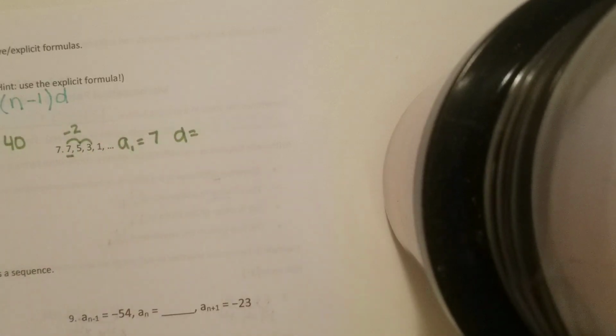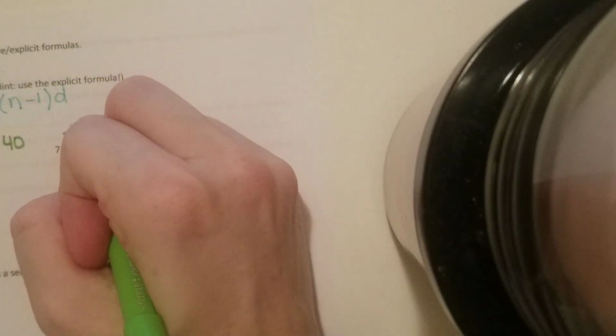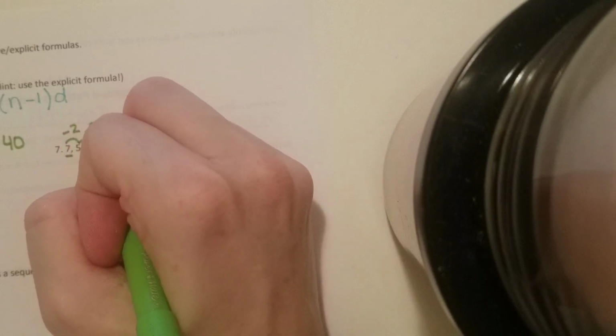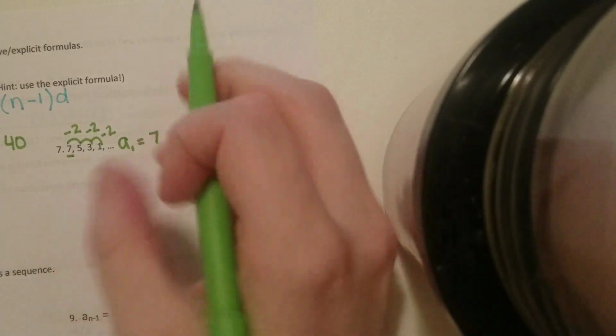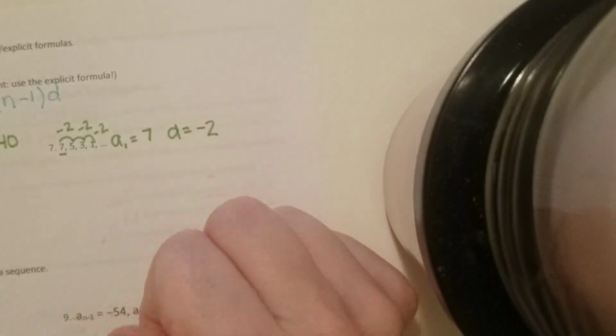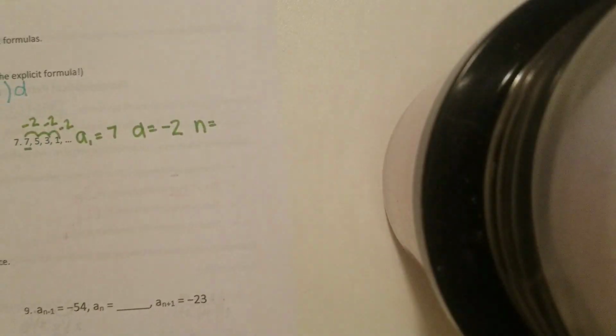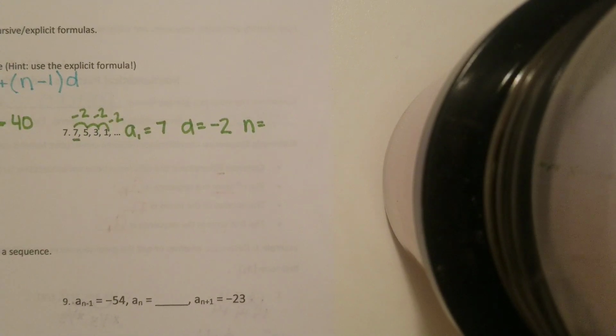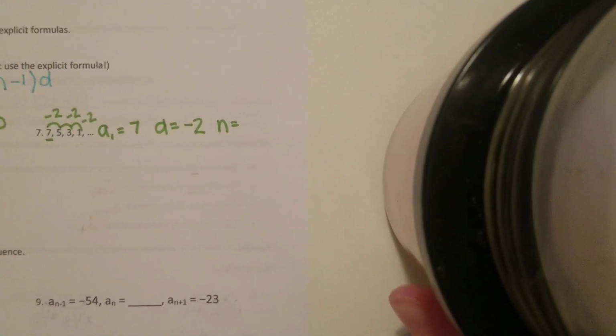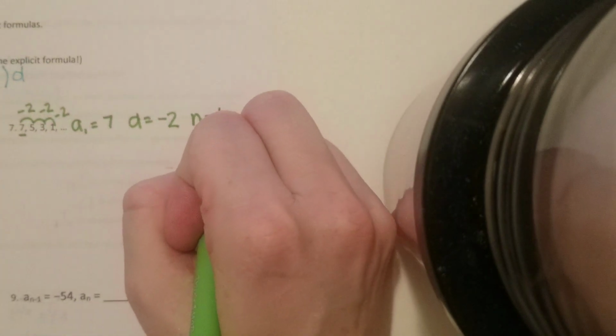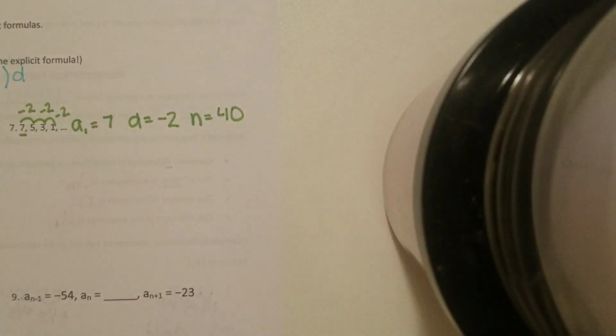To go from 5 to 3, you subtract 2, and to go from 3 to 1, you also subtract 2. And then we have to label our n, which is whatever number term we're looking for. If you go back up to the question, we're still looking in this case for term 40.